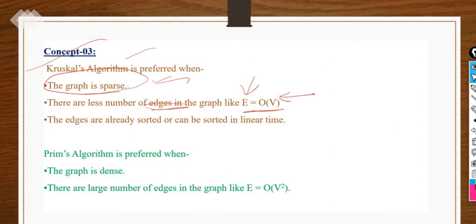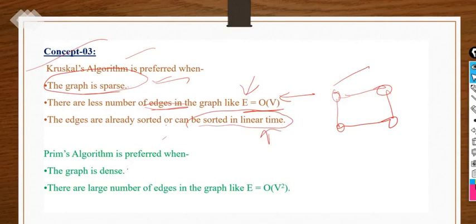It's not complicated, it's a very simple graph with simple connected edges. To find a connected graph like this one, you can directly use the Kruskal algorithm, right? The edges are already sorted or can be sorted in linear time. Then also you can use the Kruskal algorithm.